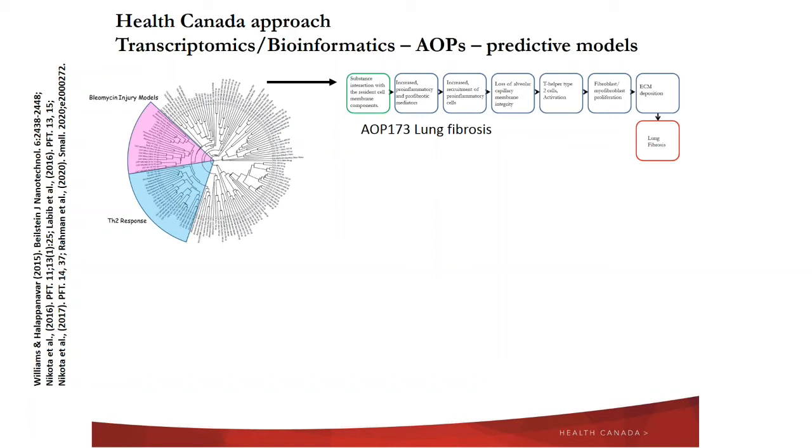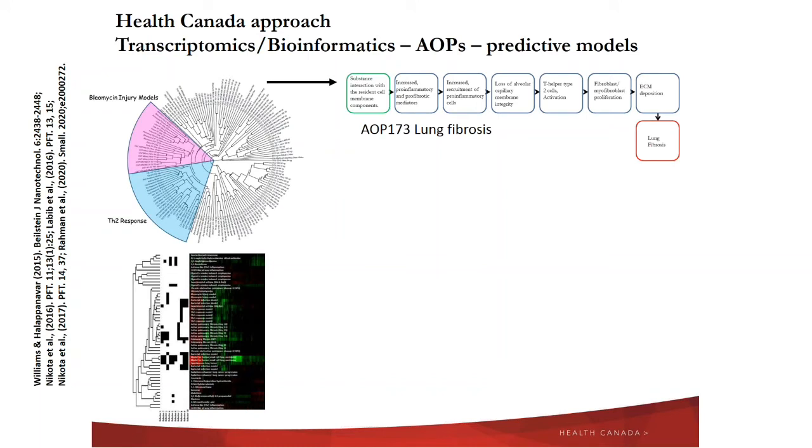But from here, in parallel, we expanded the transcriptomics meta-analysis database and included not only diseases such as lung fibrosis or asthma, but also other diseases such as lung cancer and tumor formation.